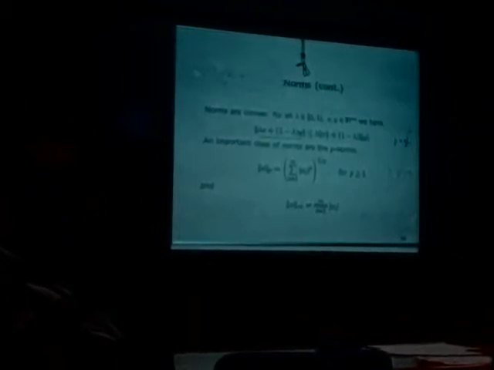But let's just recall that a function is convex if every time you take a convex combination of two vectors in the domain, so you take x and y, you take a convex combination. You multiply x times lambda and y times 1 minus lambda, and lambda is a number between 0 and 1, right? Okay.